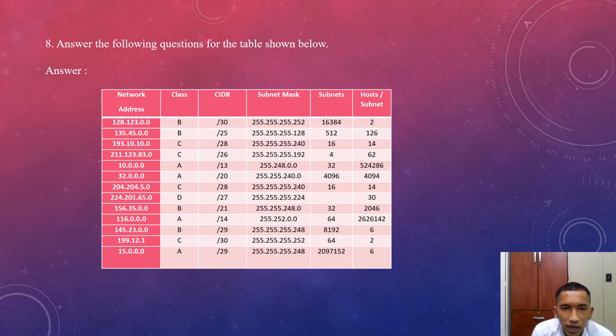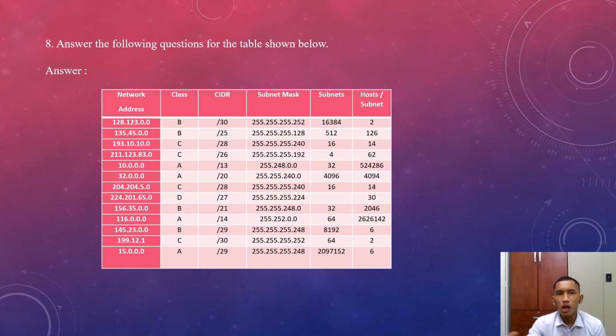Okay, network address 1: the class is A, CIDR is /29, subnet mask is 255.255.255.248, subnet is 2097152, host per subnet is 6.